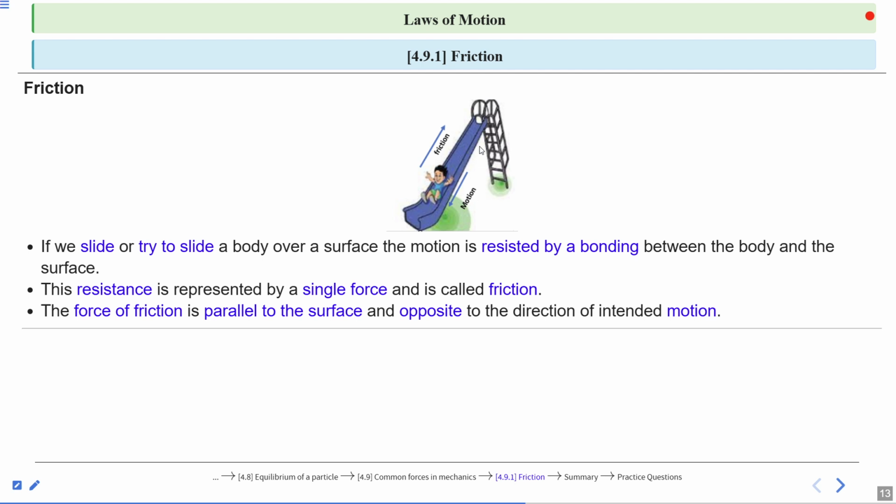Look here, the direction of motion is downward, and the friction force acting between the body and the surface is in the upward direction. The friction force and the surface are parallel, and the friction force and the motion of the body are opposite to each other.